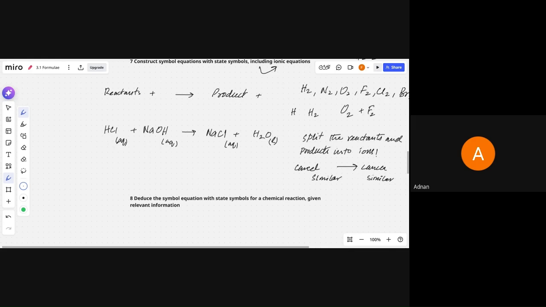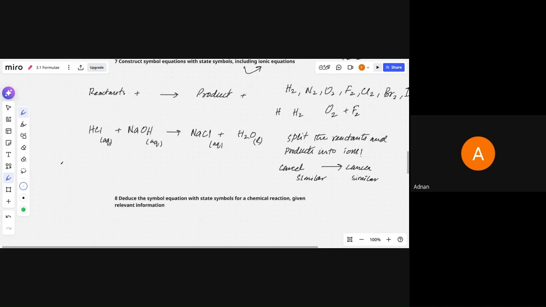Now you see this is aqueous, so when I split, this will be H+ aqueous, with the plus written at the top right, and Cl- aqueous.